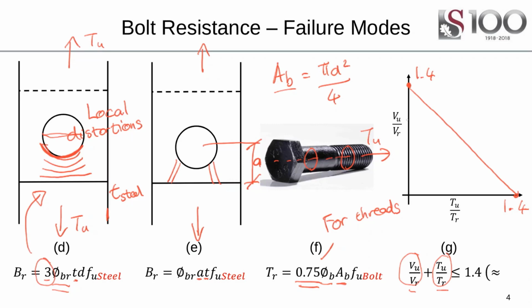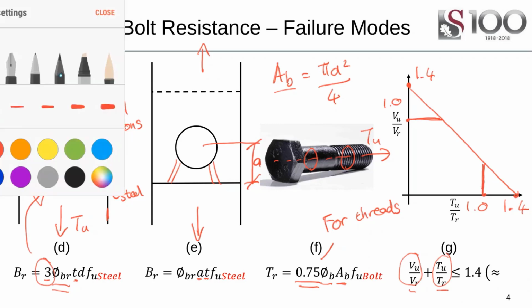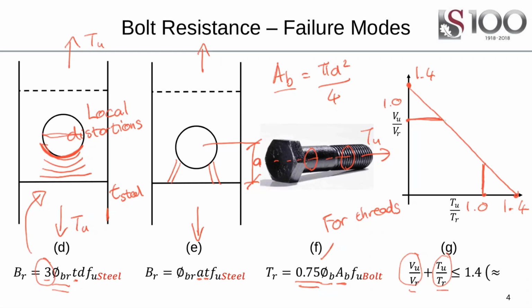We're never going to want to let this go over 1. That gets a bit dangerous. So we will limit it to 1 and 1. But that's just the normal V_u over V_r. This is T_u over T_r. And then in between, let me just draw it in another line, we have a different equation governing, which accounts for the stress in the two directions and the additional capacity that you get. And this is approximately equal to root 2.